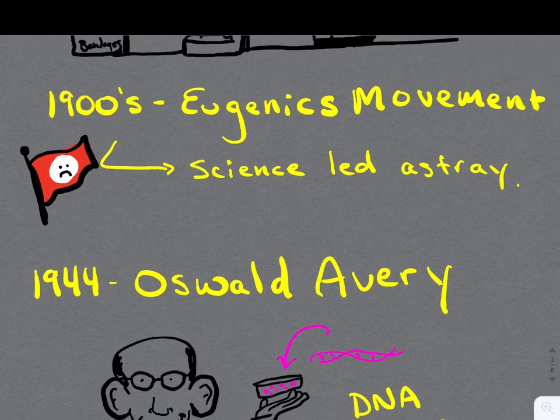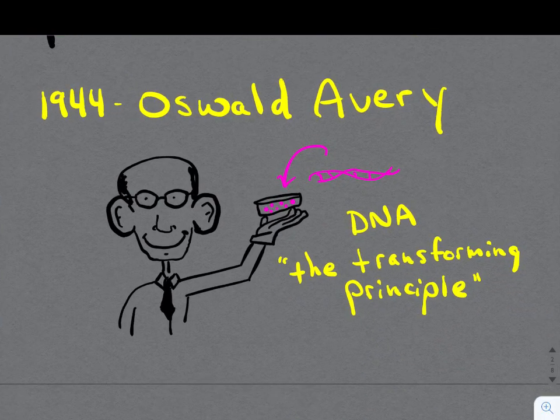So much later on, 1944, there was a Canadian-American biologist. His name was Oswald Avery. And what Avery did was he looked at Miescher's studies with nuclein, and he started manipulating them.